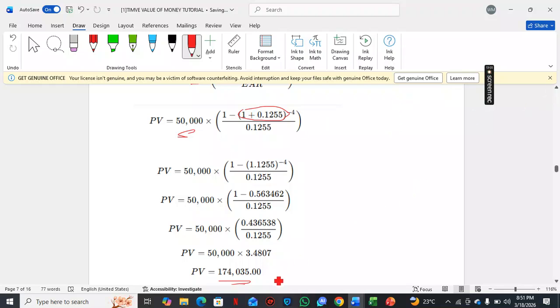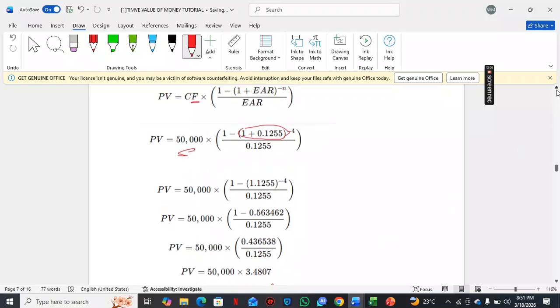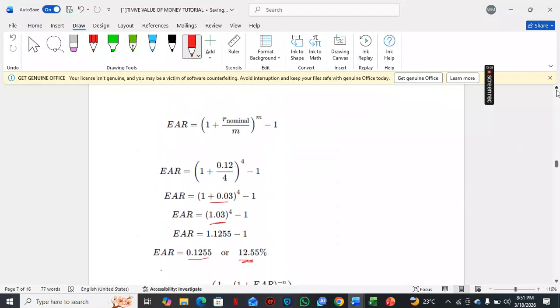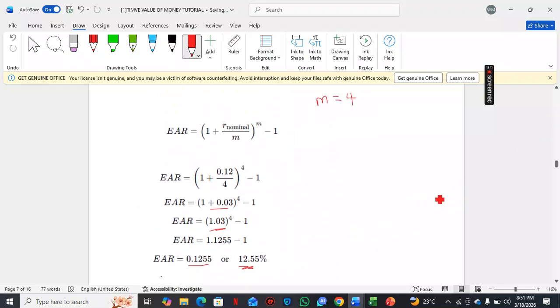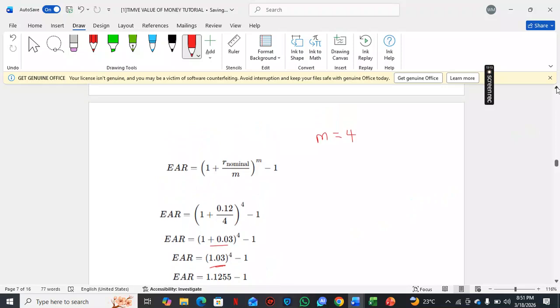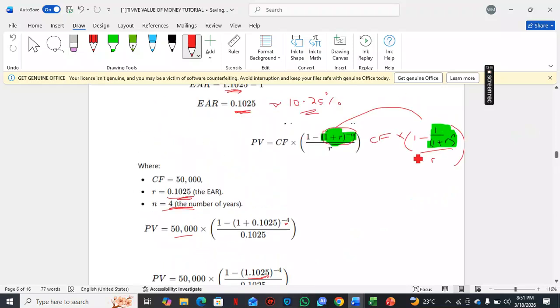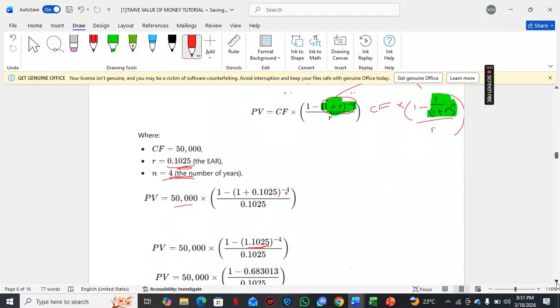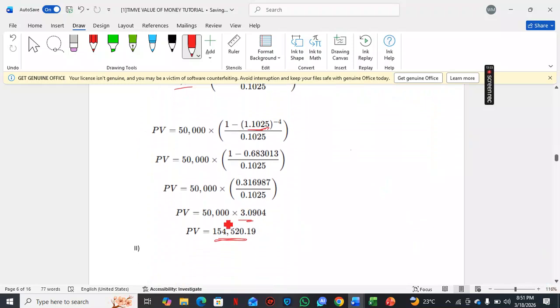And we've seen the present value has also increased. The number of discountings increased, and even the present value increased. Because if we compare, colleagues, when the number of discountings was semi-annual, where it's discounted twice a year, the present value was 154,000.